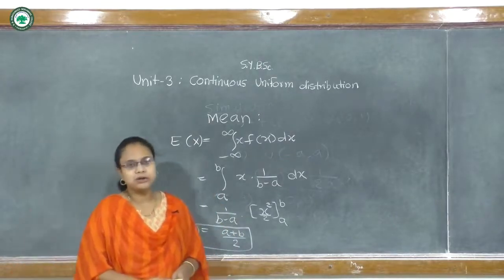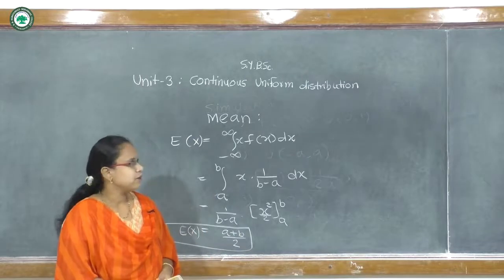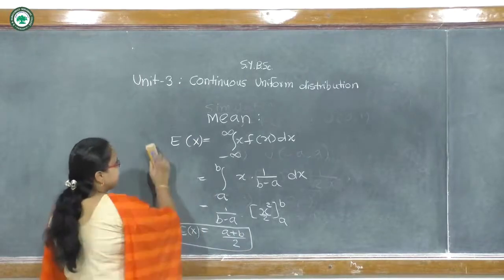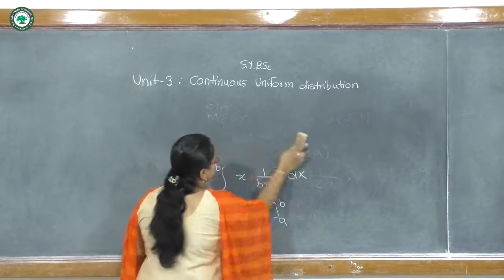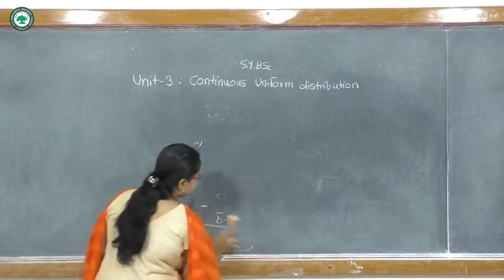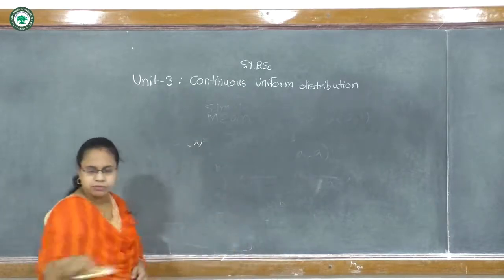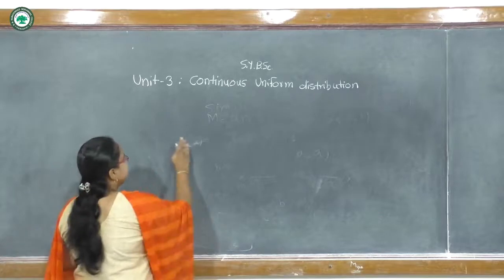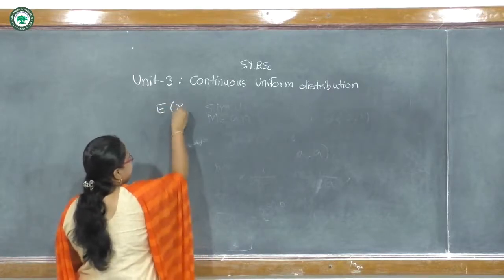Similarly, we can find its variance. To find the variance, we first have to find expected X square.